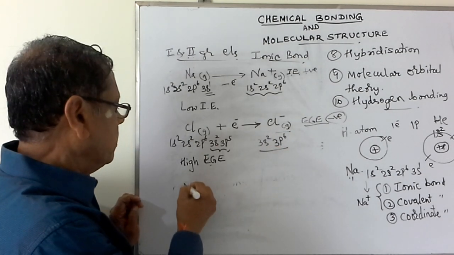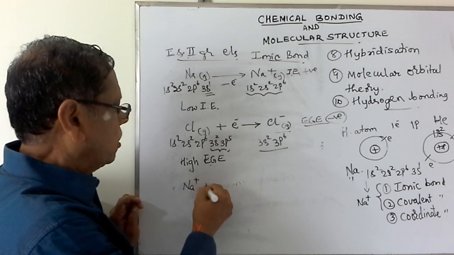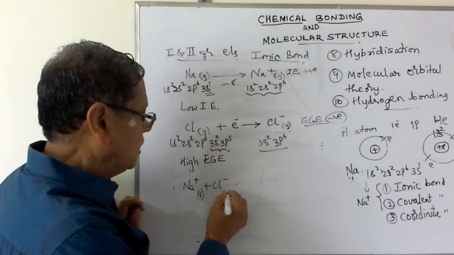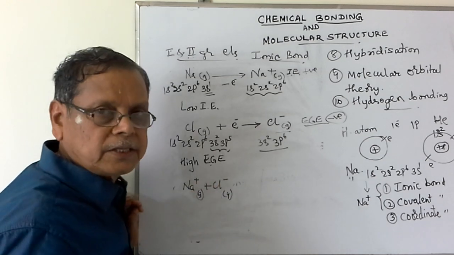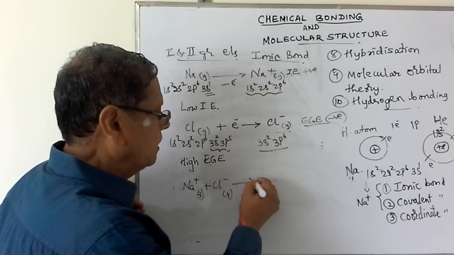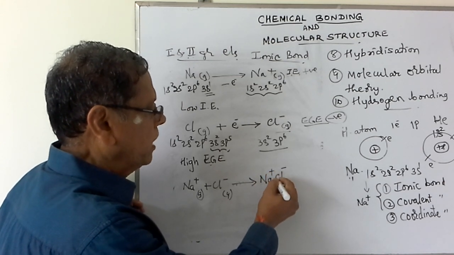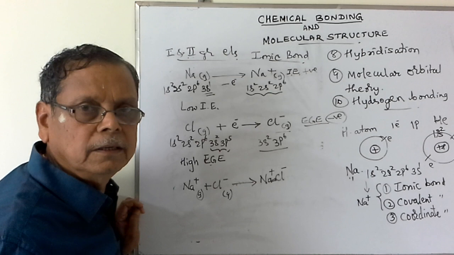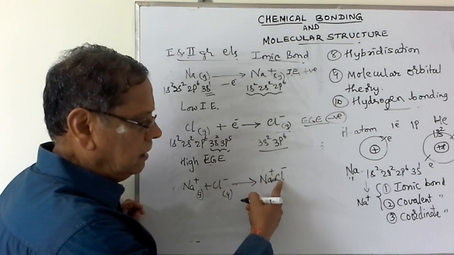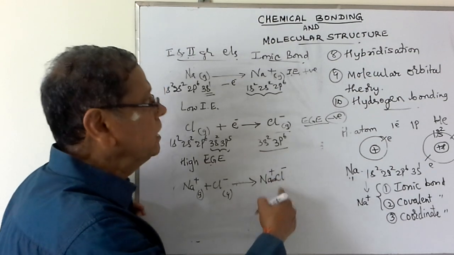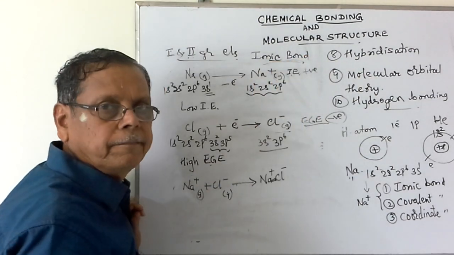Once the sodium ion and chloride ion are produced in the gaseous state, they come close together because of the opposite charges. They are attracted to one another, giving rise to the sodium ion and chloride ion held by a certain force of attraction. This force of attraction which holds the oppositely charged ions together is called the ionic bond.